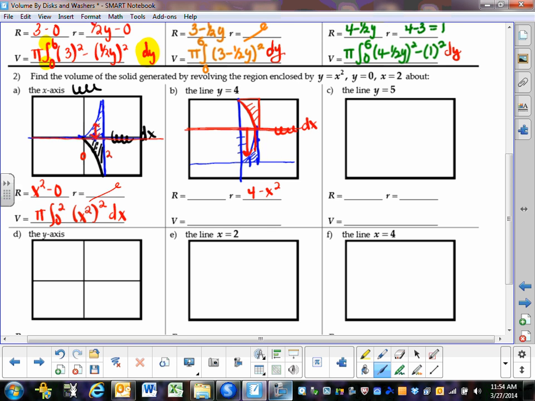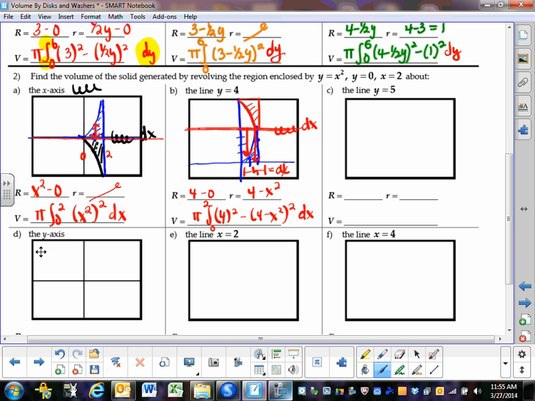The outside radius is from the center at 4 all the way down to 0. So we have pi, outside radius squared minus inside radius squared, dx from x is 0 to x is 2. So the height, again, is my dx.